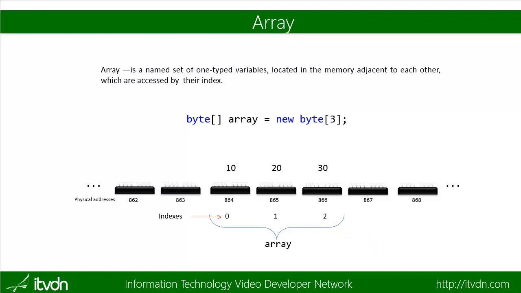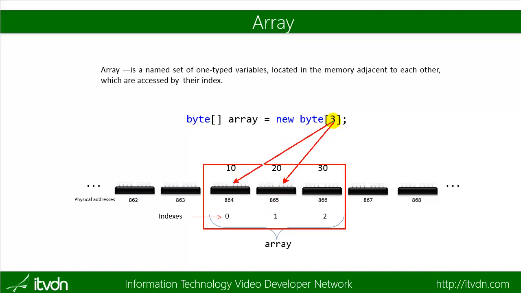So let's say for example right here we have our array. Now this array consists of 3 elements, element 1, element 2, element 3. All right, let's take a look at this. This element is here, this element is also here, and this element is also here.